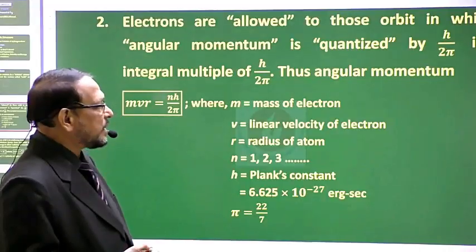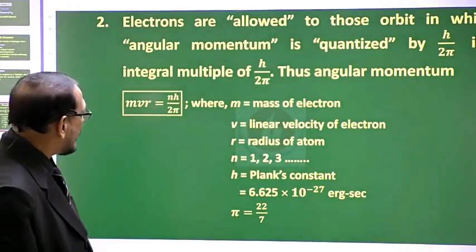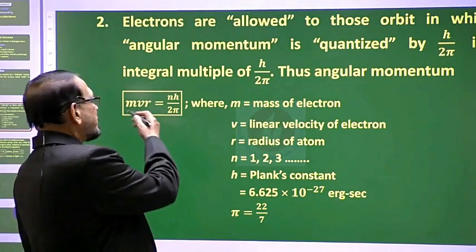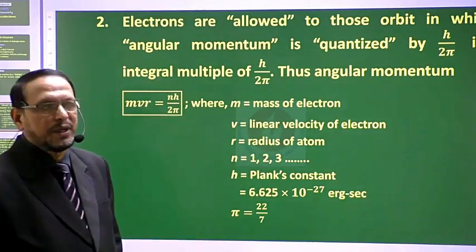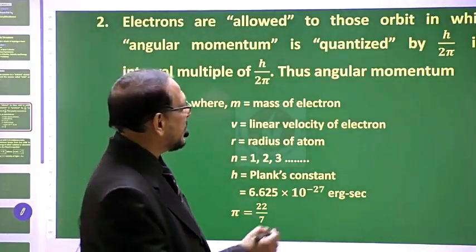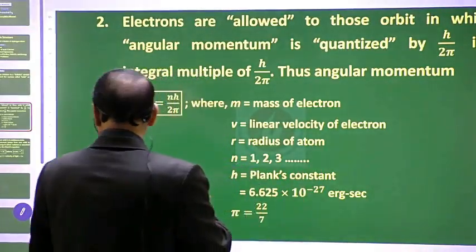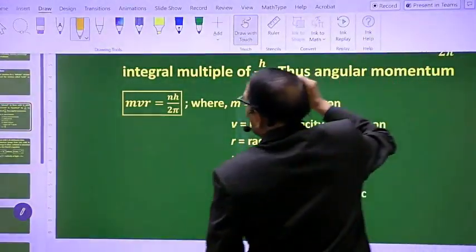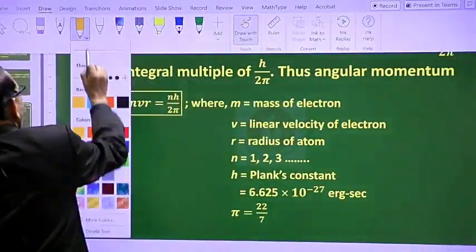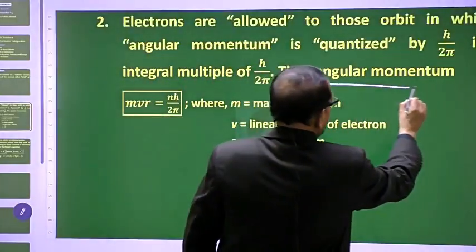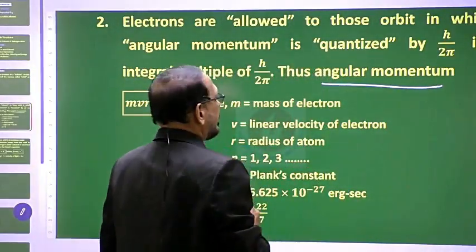Here, one thing I want you to know: what is angular momentum? Here I am writing angular momentum in terms of linear velocity, so why does it come like this?